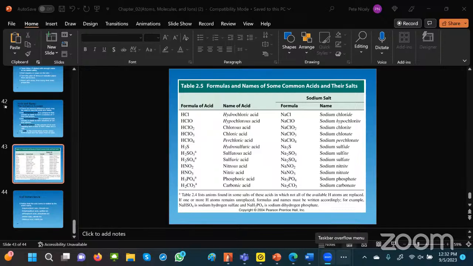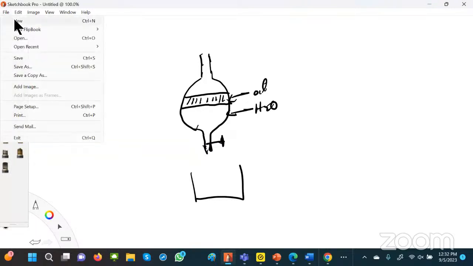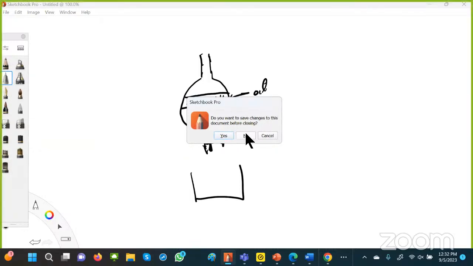So what I'm going to do here is go to my writing pad. Okay, let me get rid of this here. First of all, let me give the 2 main categories of acids that we're going to discuss in terms of naming. One category would be known as binary acids. And then the other category would be oxyacids.